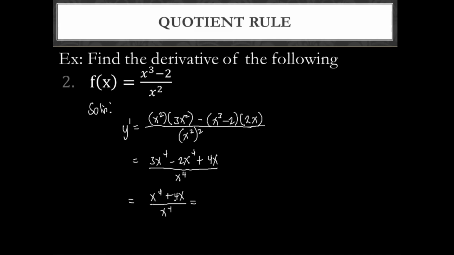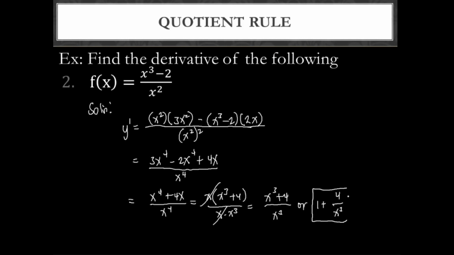And then kapag i-distribute ito, or we're going to use yung factoring, ito yung magiging x times x cube plus 4 all over x times x raised to 3. Makakancel na kasi ito. So, ang naiwan ay x cube plus 4 all over x cube. Or, it could be 1 plus 4 all over x cube. Okay? Ito na yung list na maaari nyong maisagot.